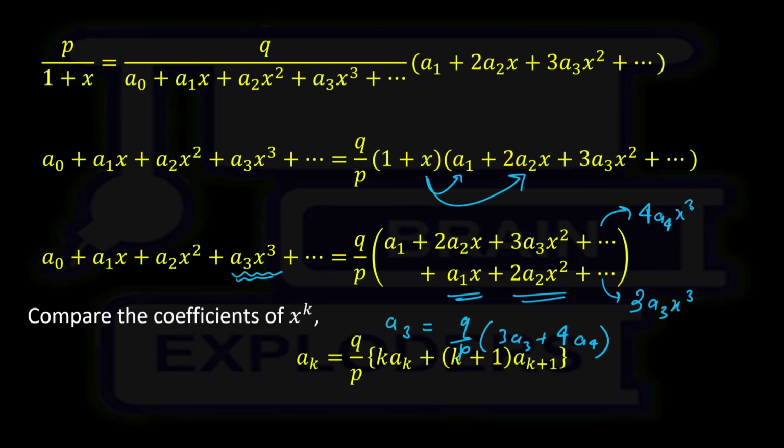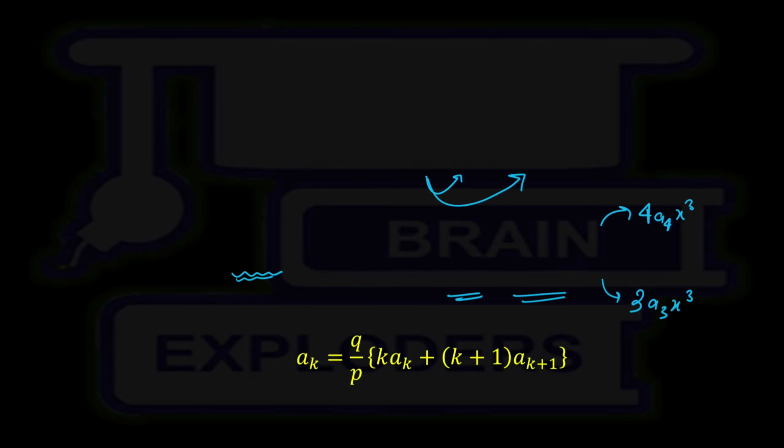So we get ak equals to q by p times k plus k plus 1 times ak plus 1. Now on rearranging the terms, we get ak plus 1 equals to p by q minus k over k plus 1 times ak. So here we get a recurrence relation with the coefficients of the series.